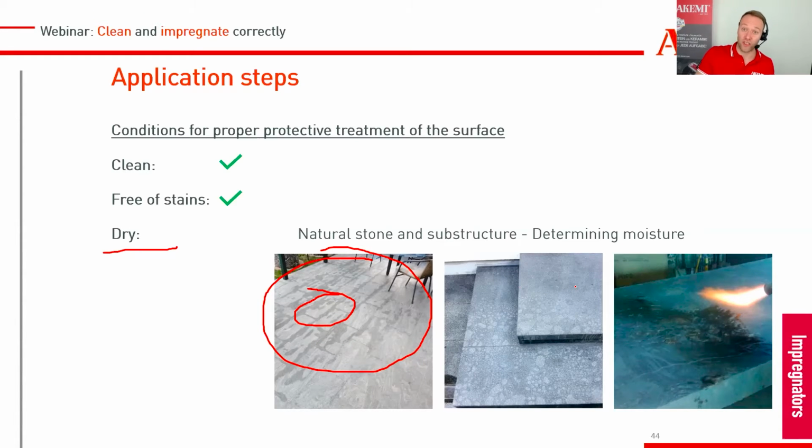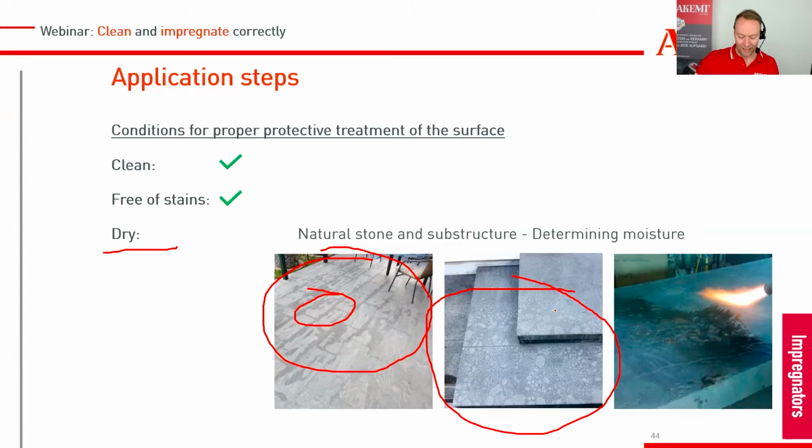And maybe the stone was dry before you applied the impregnation, but then after maybe 1 hour, there was a heavy rain, and the impregnation was not cured correctly yet, and then you have this type of stainings. So always keep the weather forecast in mind when you do an outside application.